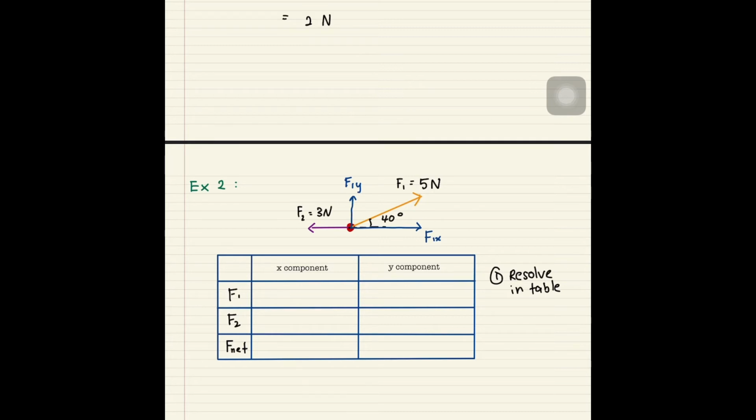This one would be my F1x and this one would be F1y. F1, which is actually this vector, is equal to 5 cos 40.